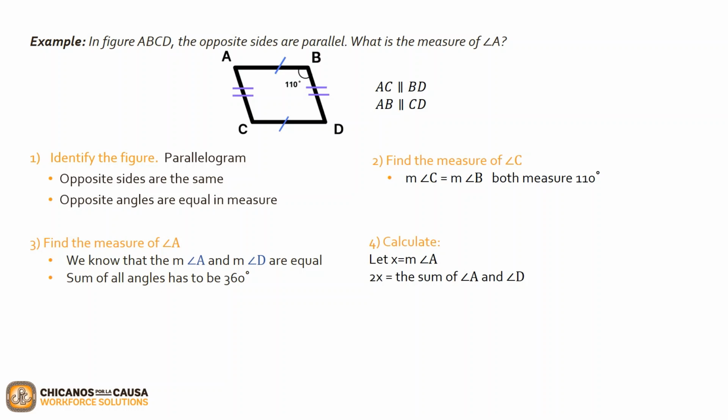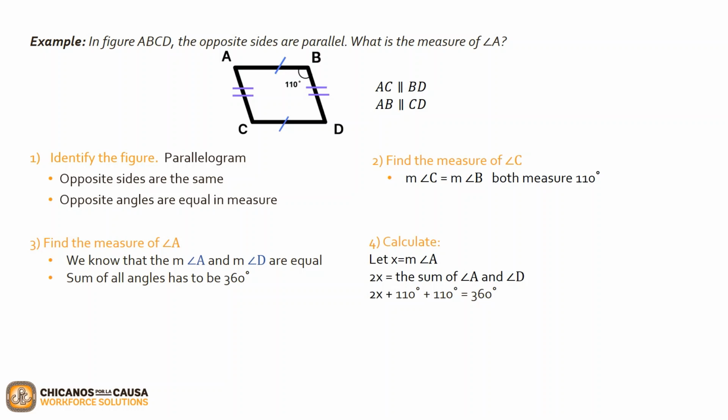That means we have two angles times whatever the measurement of angle A is. So we have 2x plus 110 degrees, which is angle B, and then another 110 degrees, which is angle C, gives us a total of 360 degrees.